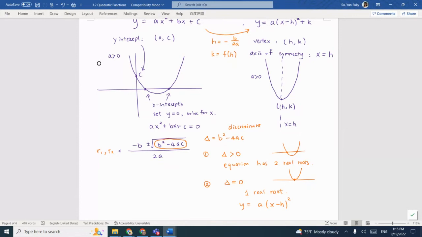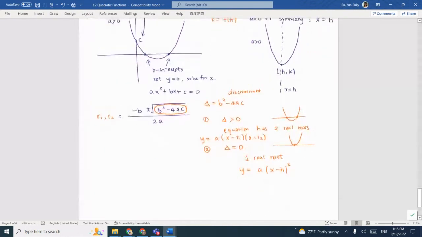Then you can express the quadratic function as a times x minus r1 times x minus r2. So the factored form can be written as a times x minus the first root times x minus the second root, because they both are roots. So x minus a root is a factor of the quadratic function.